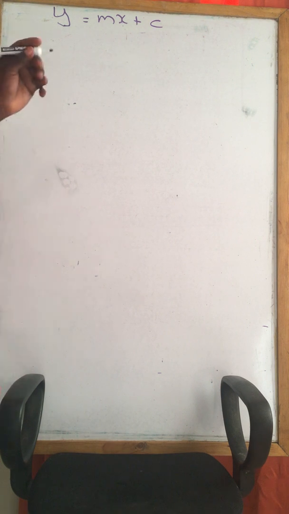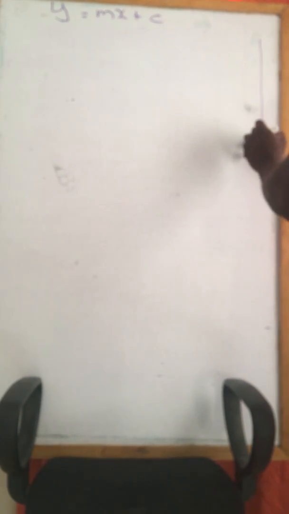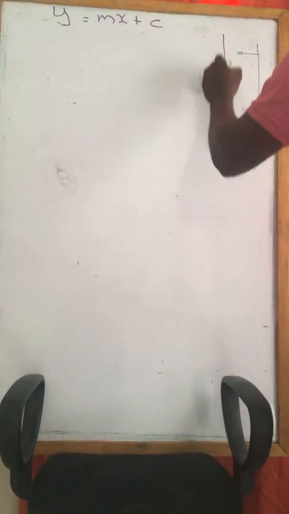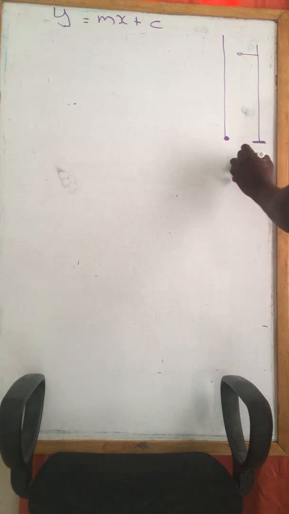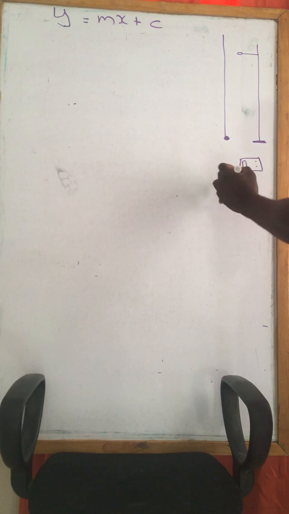For example, let's say I give you a clamp stand, not a very good artist here. I also give you a pendulum, a stop clock, and I also give you a ruler.